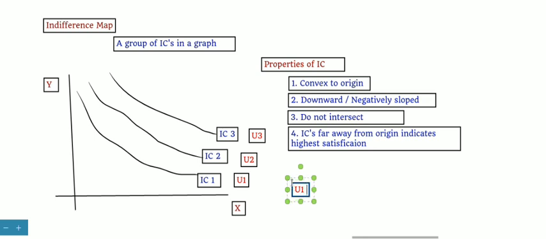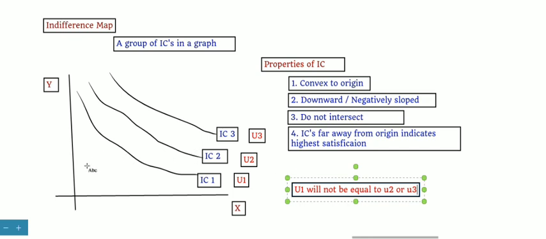So u1 will not be equal to u2 or u3. So they never intersect.